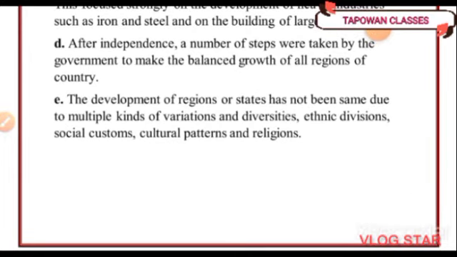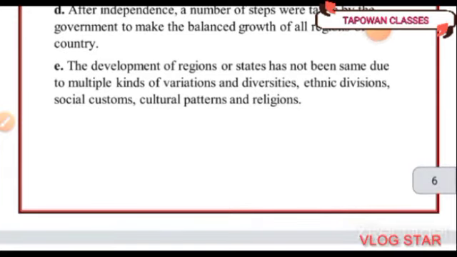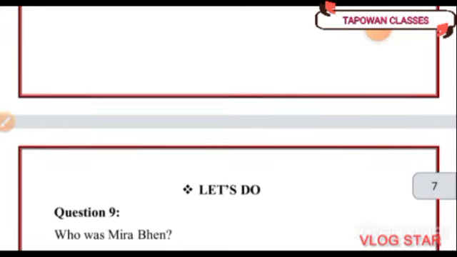D. After independence, a number of steps were taken by the government to make the balanced growth of all regions of the country. E. The development of regions or states has not been the same due to multiple kinds of variations and diversities: ethnic division, social customs, culture, patterns and religions.